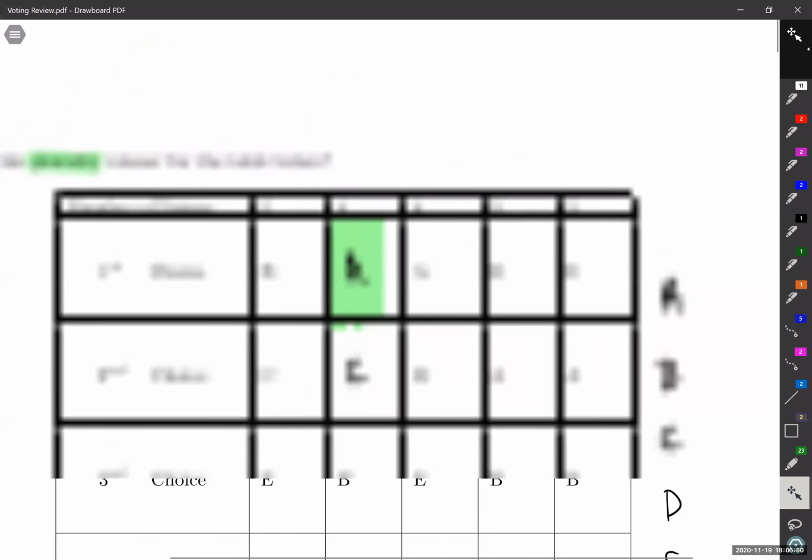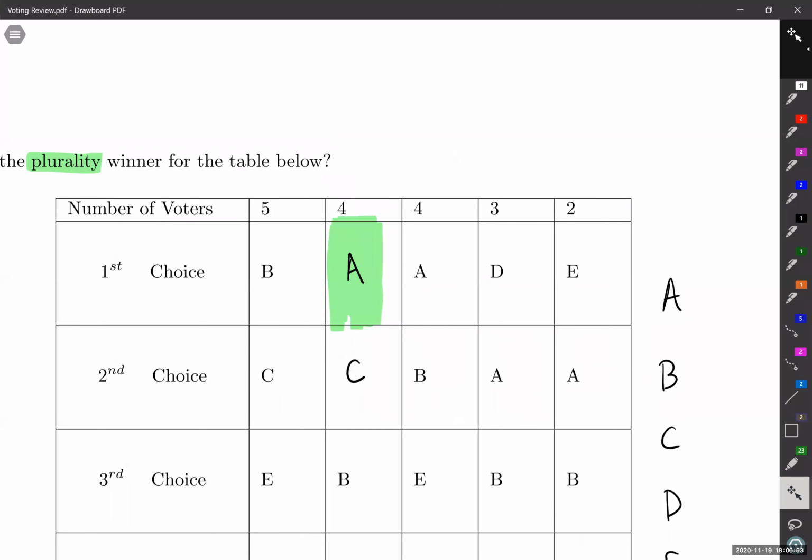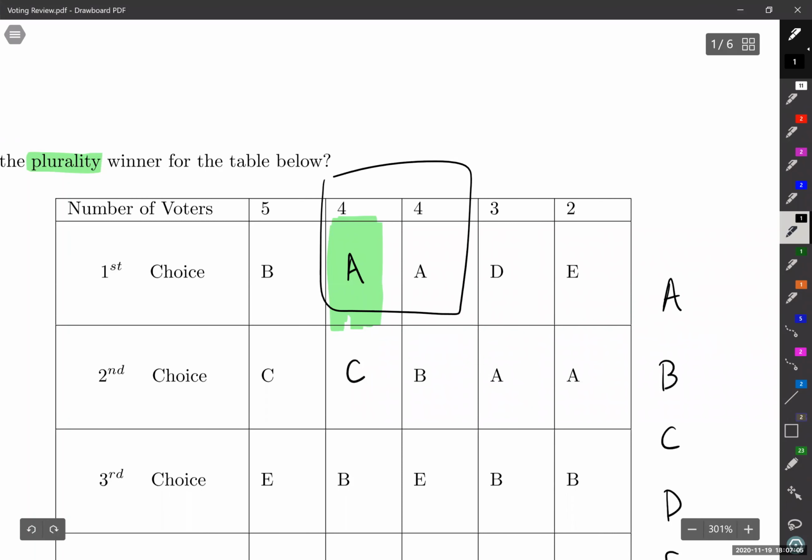So who's now the plurality winner? Thank you, Athos. Sorry about that. Good. So I think we are comfortable with plurality. Let's look forward.